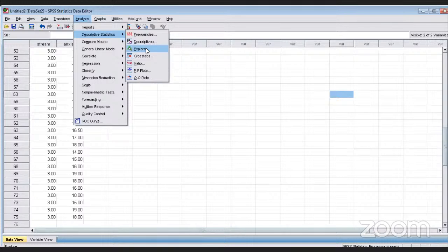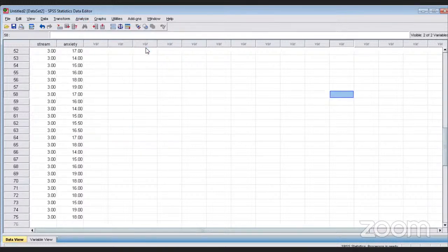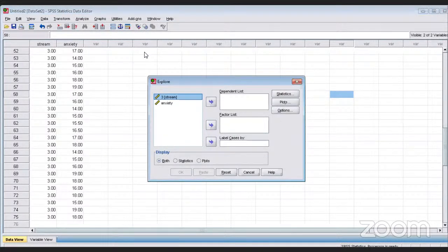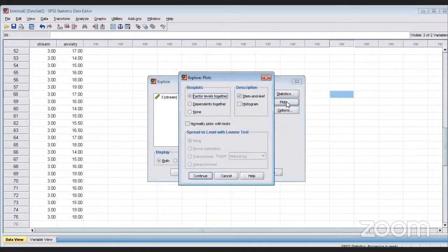You click it here. You shift anxiety into the dependent list. Then click on Plots. And then here is the normality plot. You click here.